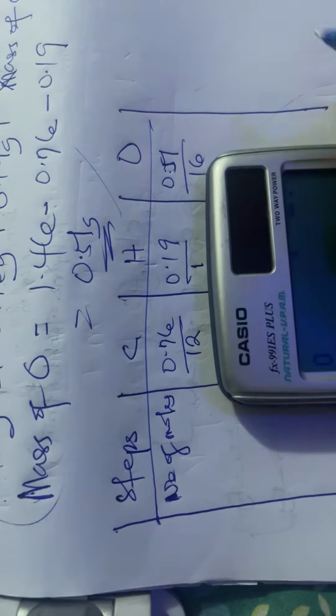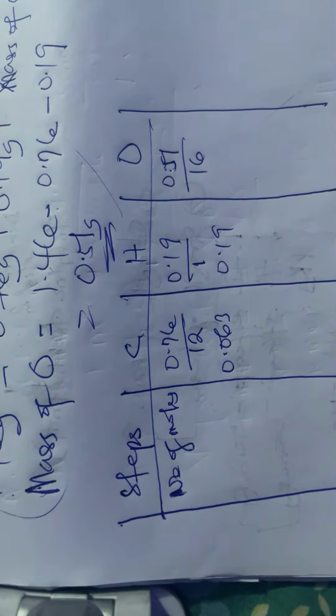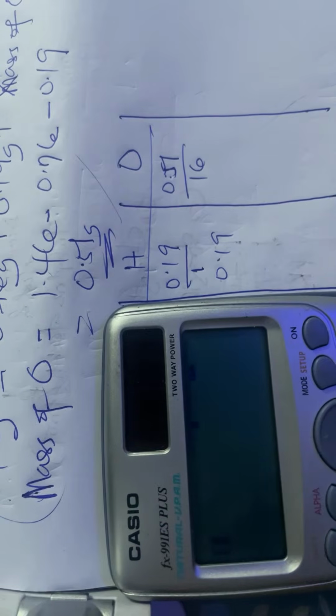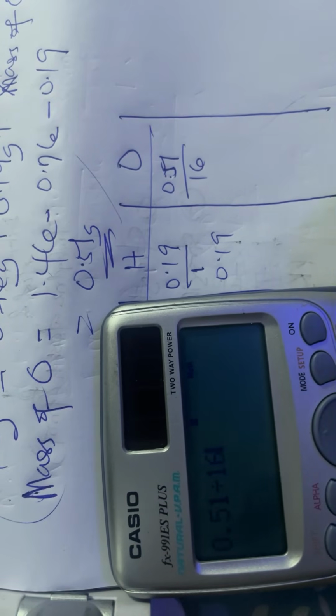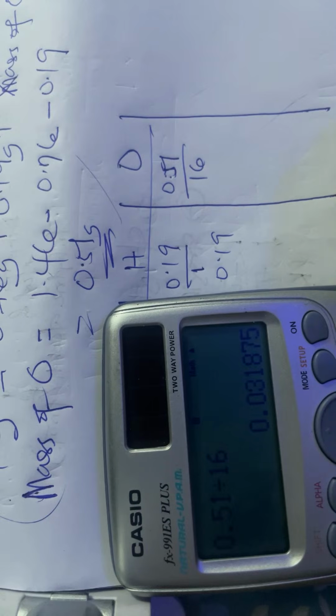So let's solve them individually. 0.76 divided by 12, we should be getting 0.063. This will be 0.19. Then 0.51 divided by 16 will give us 0.031875. Let's just take all the values.